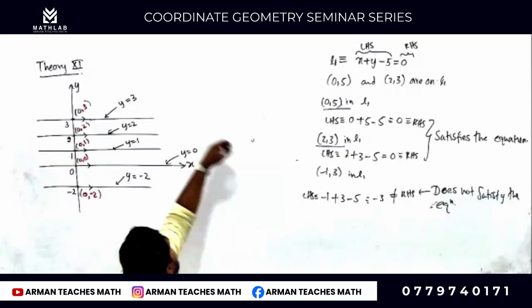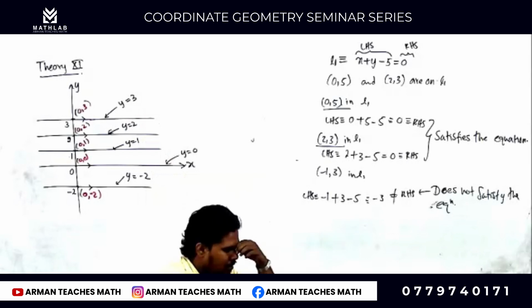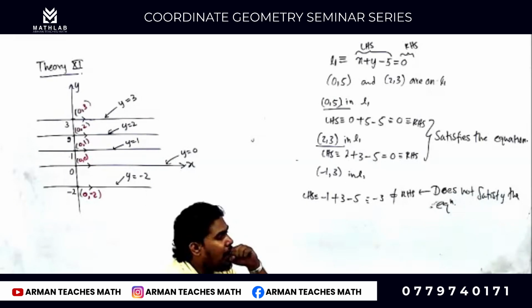You have to write the coordinate inside the bracket. It passes through the point (0, 3) and is parallel to the x-axis.